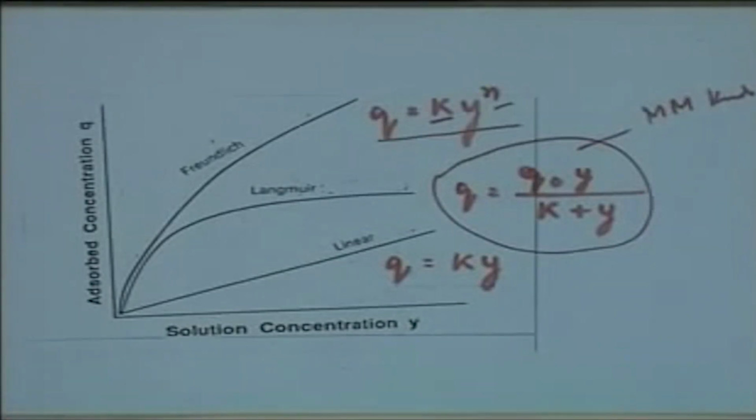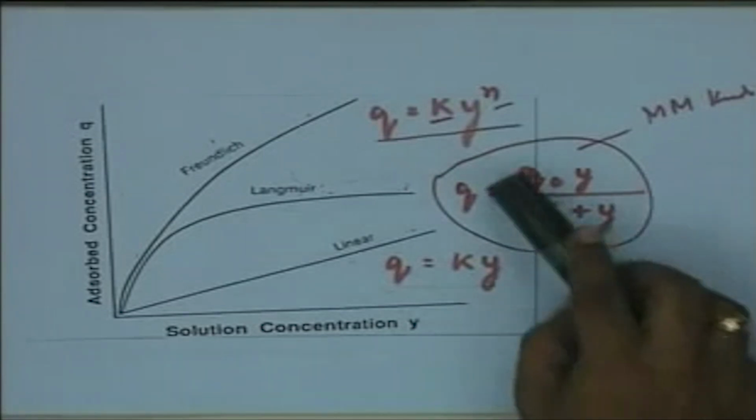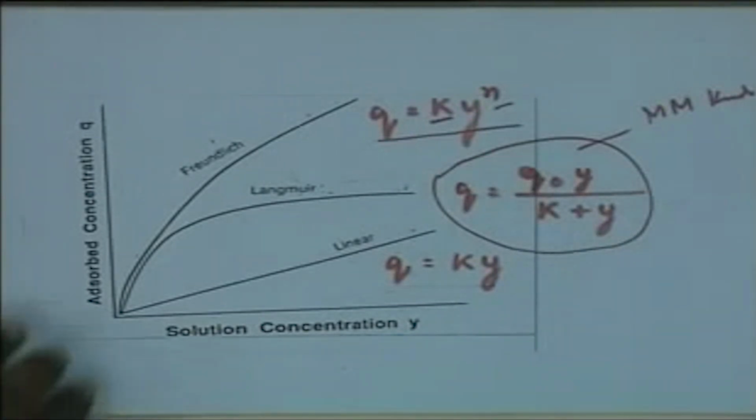These three phenomena are intrinsically related, because they end up in a similar kind of kinetic expression. As far as the analysis is concerned, all three can be analyzed by a double reciprocal plot. If you plot 1 upon q versus 1 upon y, you will get a linear plot and you can get the value of q naught and k, and the adsorption process for a particular enzyme and carrier can be analyzed quantitatively.